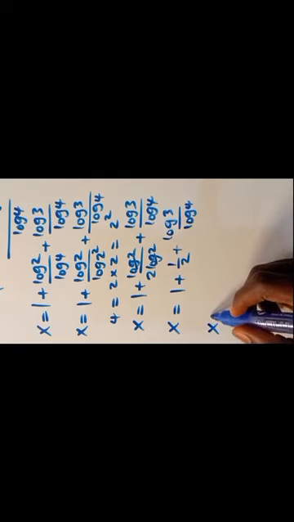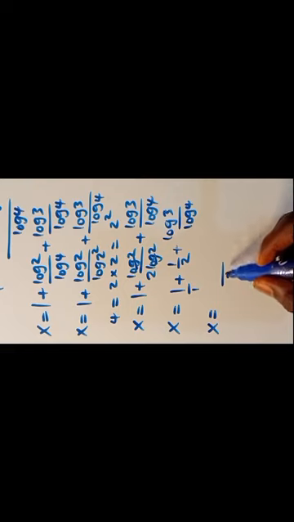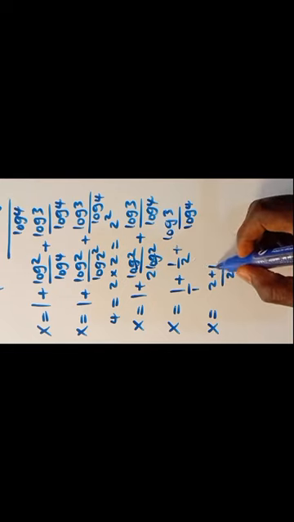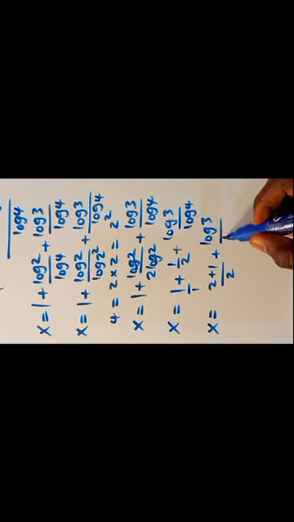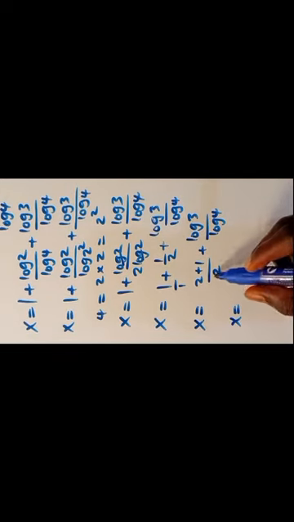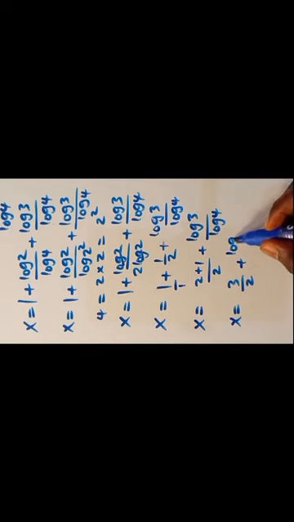Then we have x. Finding the LCM, here will be 2. 1 here is 1, 1 here is 2. 2 here is 1, 2 here is 1. So 1 times 1 is 1 plus log 3 over log 4. So we have x equals, 2 plus 1 will give us 3 over 2 plus log 3 over log 4.